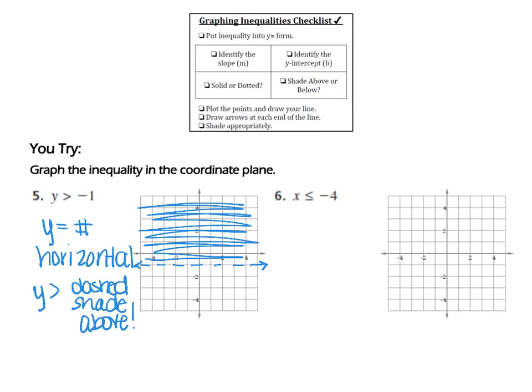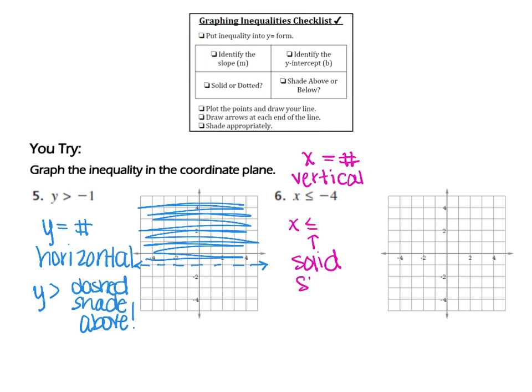In number 6, I know x equals a number is a vertical line. So I need a vertical line at -4. But because it's less than or equal to, I know that means I have a solid line.